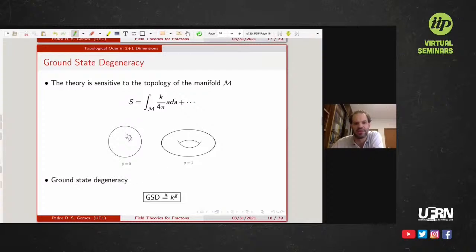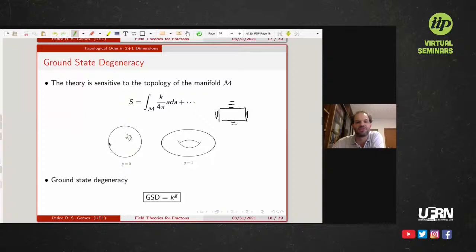And in general, it's given this way. k is the coefficient of the Chern-Simons, and g is the genus of the manifold. The case of the torus is especially useful because it essentially corresponds to a plane with periodic boundary conditions. If you identify these two sides and these two sides, this is essentially the torus.